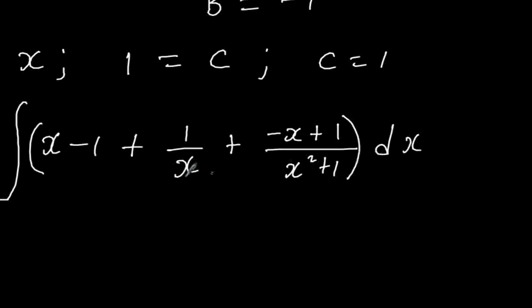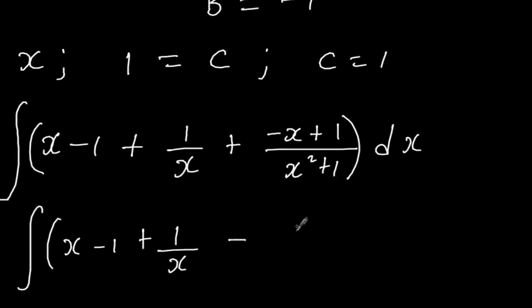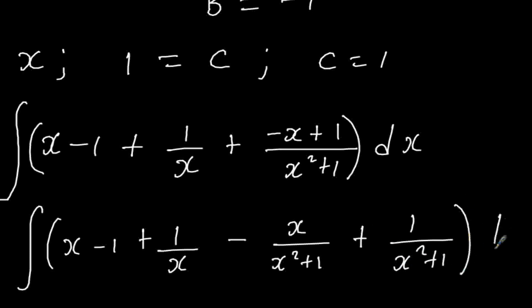But again, before integrating, I can first separate this. So the integral of x minus 1 plus 1 over x, then minus x over x squared plus 1, and then plus 1 over x squared plus 1 dx.